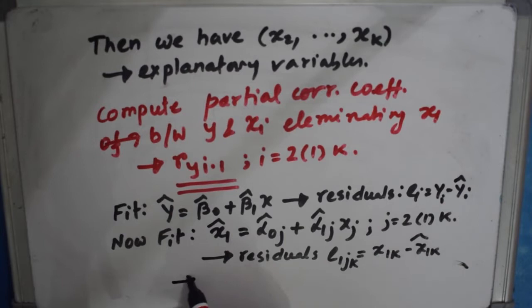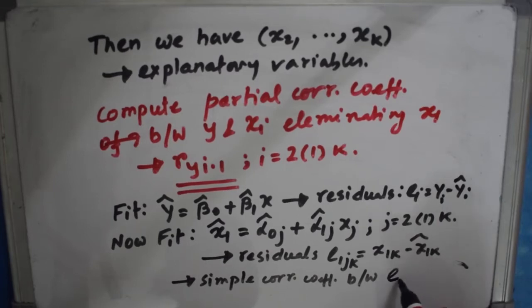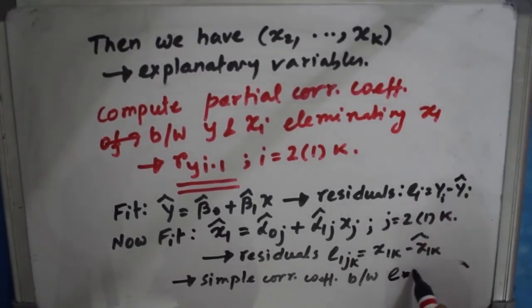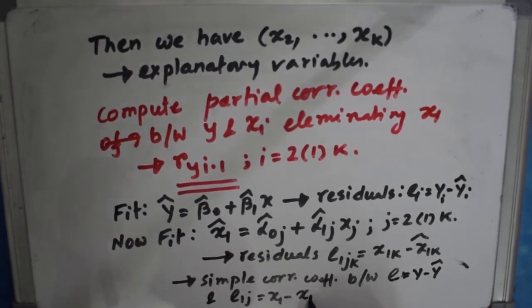Now compute the simple correlation coefficient between e, that is y minus y hat, and e1j, that is x1 minus x1 hat.